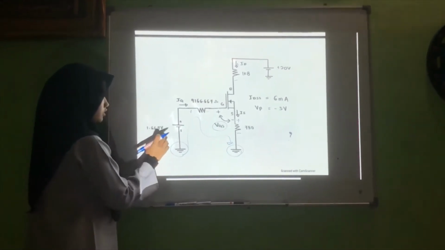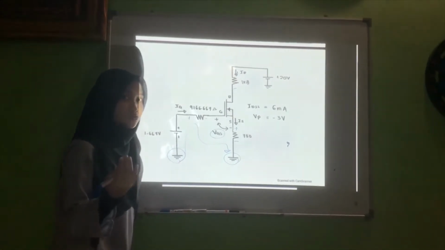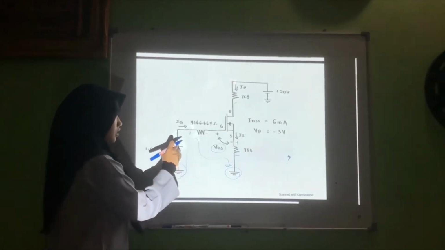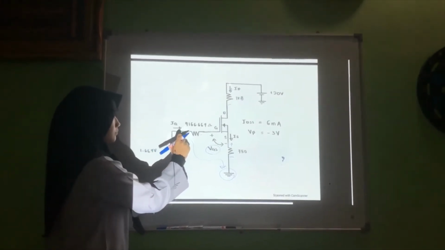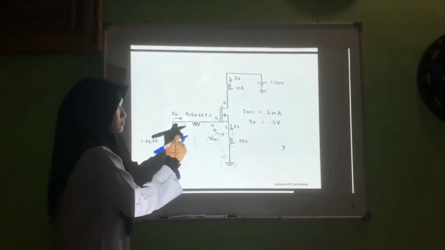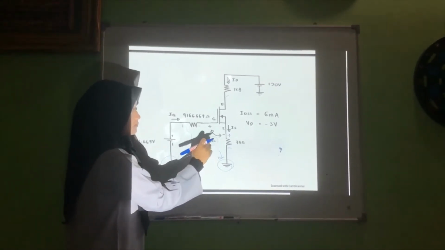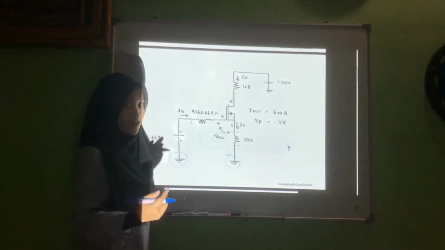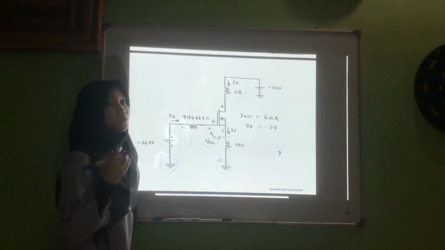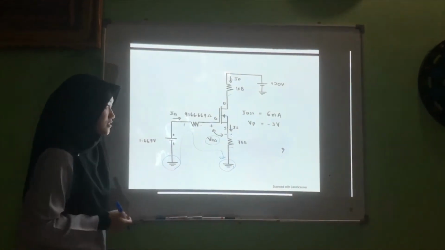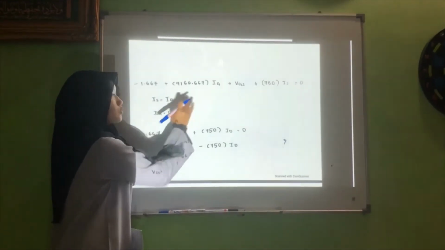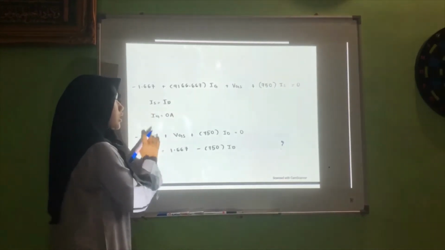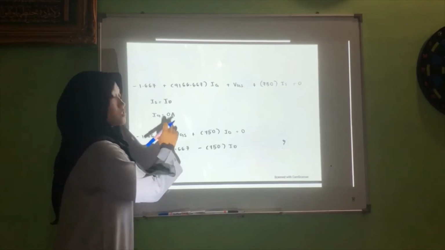So negative 1.667 plus IG multiplied with RTH, then plus VGS and plus IS multiplied with RS, equal to 0. We need to remember that IS is equal to ID, and IG is equal to 0 ampere.